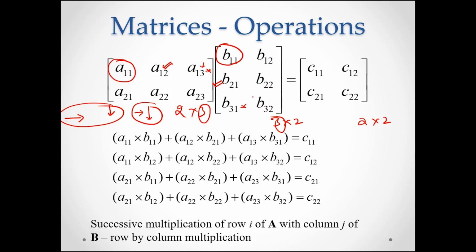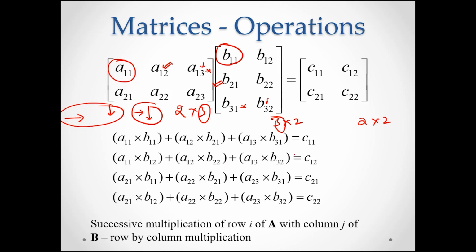Okay, so the conformability has to be there for all the entries, right? So you can see this will fetch you C11, obtained as A11 with B11, A12 with B21, and so on. If I proceed with A11 with B12, A12 with B22, etc., the corresponding entries will be C11 and C12.